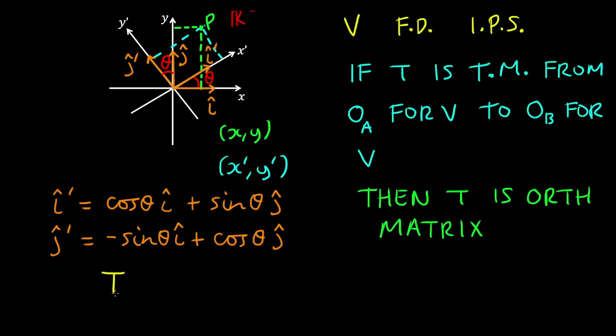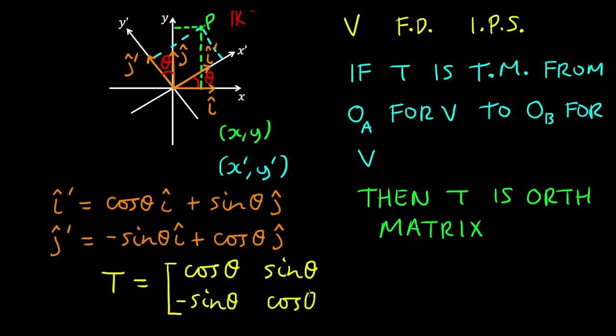So the transition matrix from the new basis to the old basis has entries of cosine theta, sine theta, minus sine theta, and cosine theta.